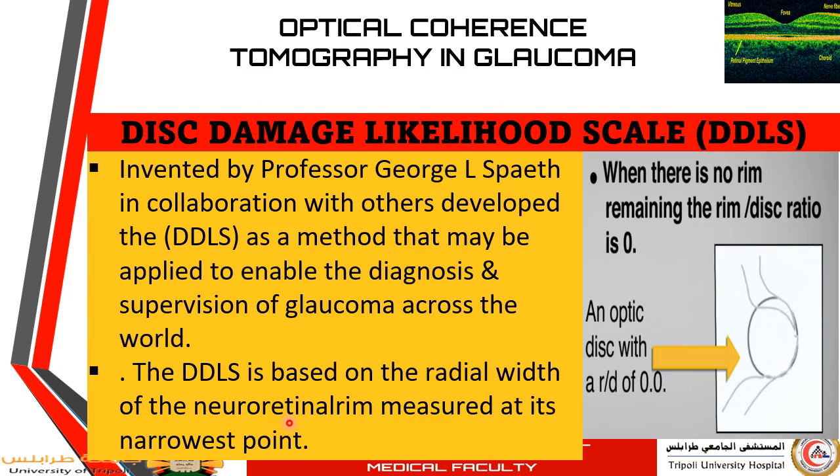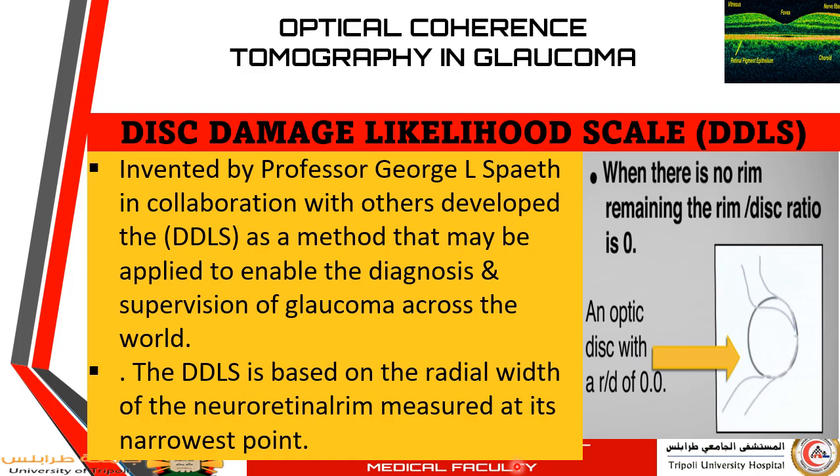Now, because of the instability of the cup disc ratio in the assessment of glaucoma that I have mentioned, as I said, you might find a cup disc ratio of 0.7 and still the patient is normal, and a cup disc ratio of 0.2 and the patient has glaucoma, because the cup disc ratio is related to the cup size and the disc size.